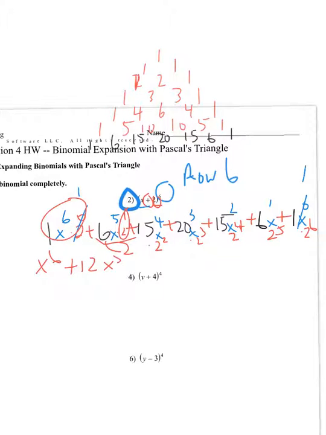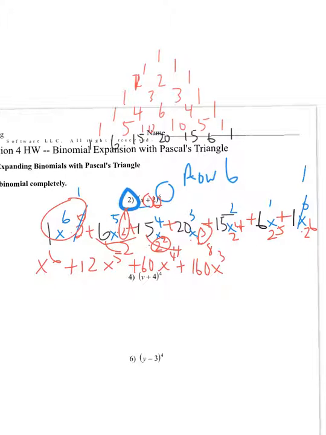And then I have x to the 5th. And then I have 2 squared, which is 4, times 15, which would be 60. So it's plus 60 x to the 4th. The next one is 2 to the 3rd, which is 8. 8 times 20 will be 160.